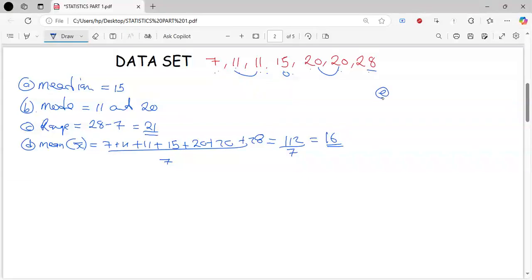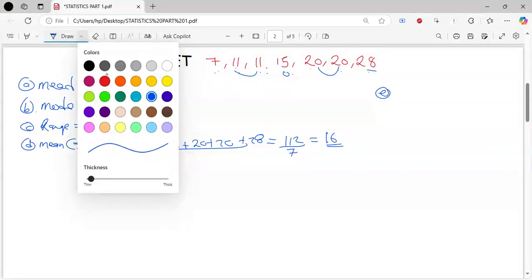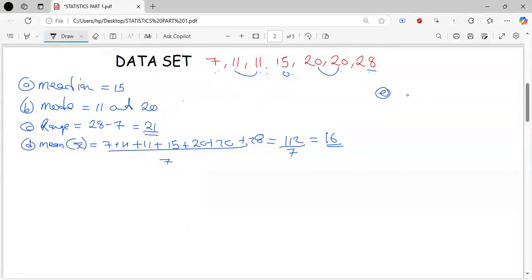The variance is s squared, and it is given by the summation of (x minus x mean) squared, over n minus 1, where n is the number of samples.